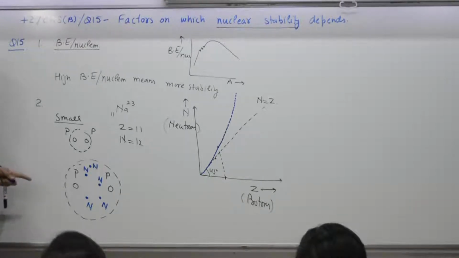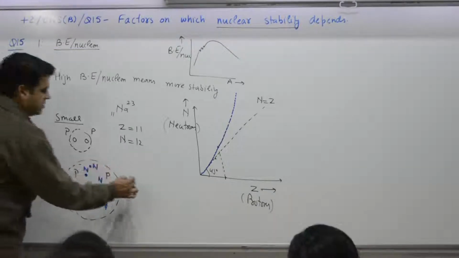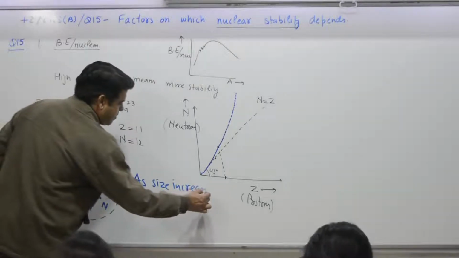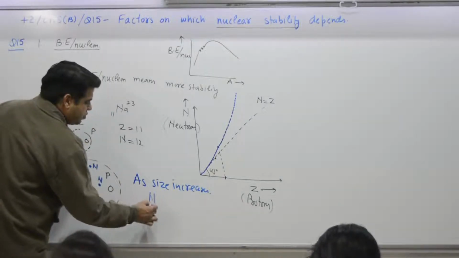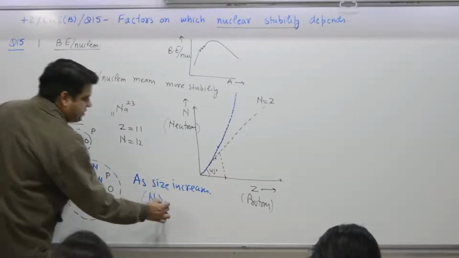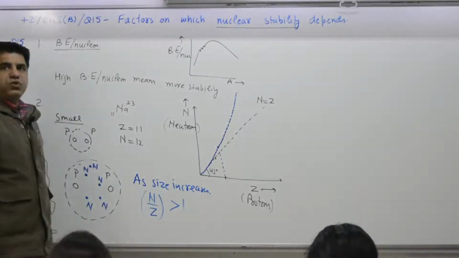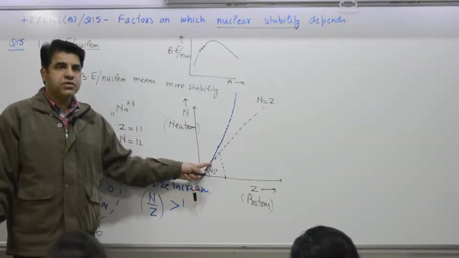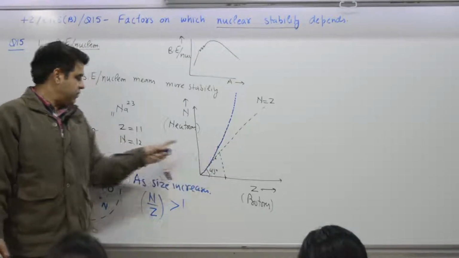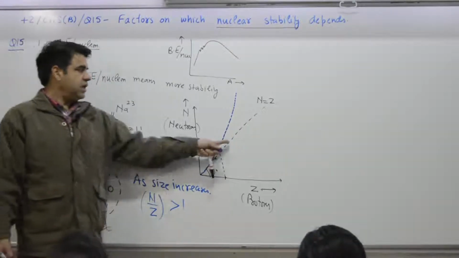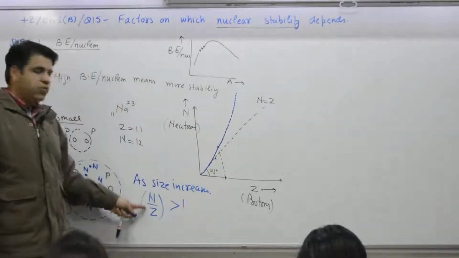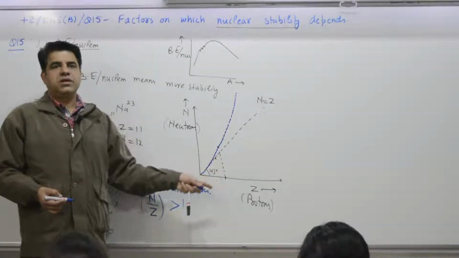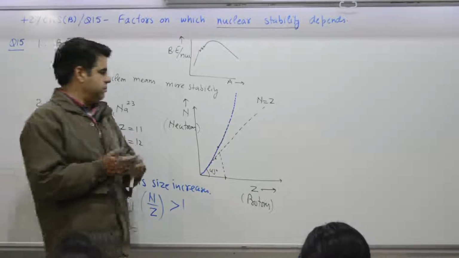That is why, as size increases, the ratio of number of neutrons to number of protons becomes more than 1, and this ratio keeps on increasing. Here it is 1: helium has 2 protons, 2 neutrons, 1 is to 1. Sodium is 12 by 11. Then as the number increases, this value keeps on increasing, say 1, 1.1, 1.2, 1.3, 1.4, of this order.